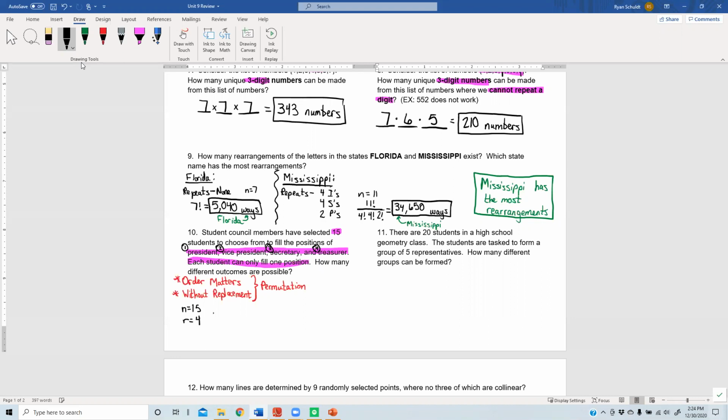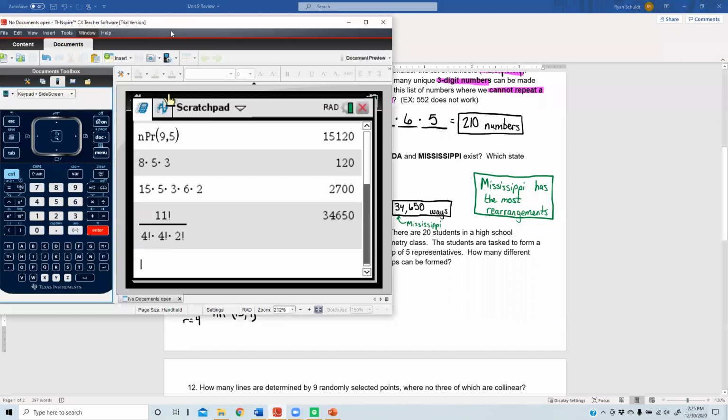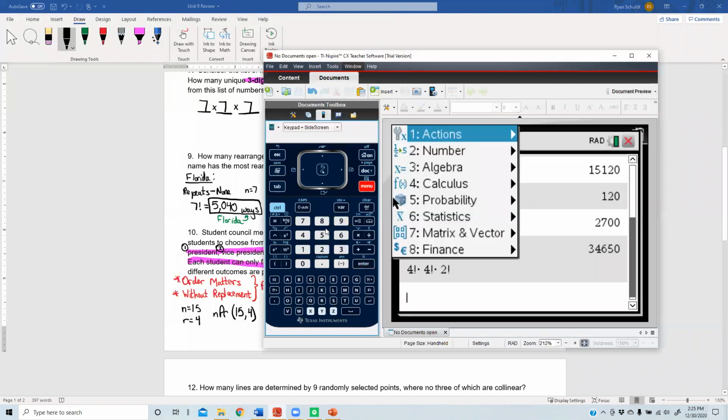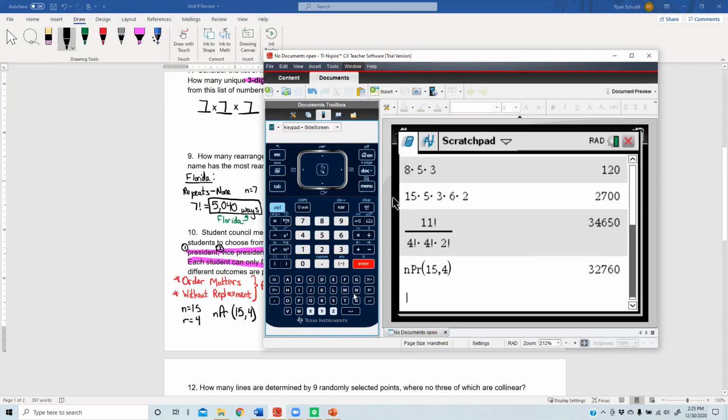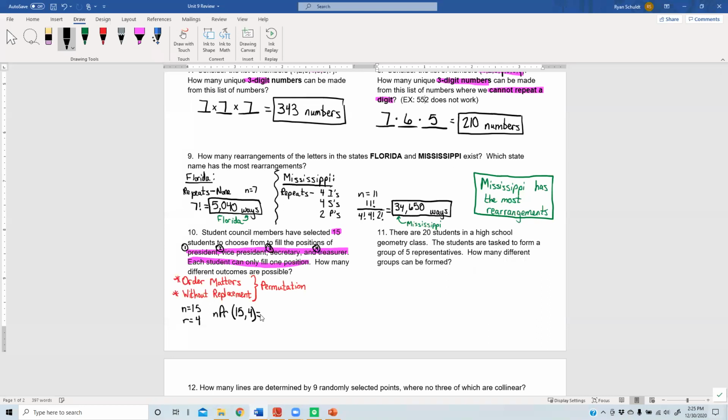So since this is permutation, we'll say nPr of 15, 4. And we'll want to do this in the calculator. So menu 5, 2 for permutation. Do 15, 4. And we'll get how many ways? So there's 32,760 outcomes.